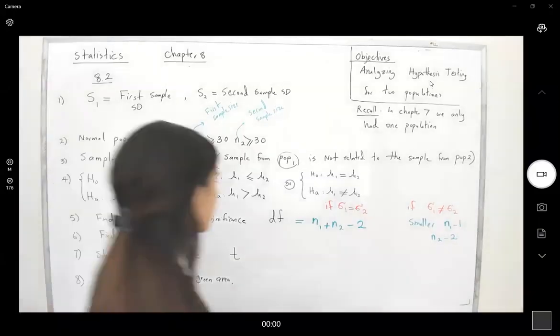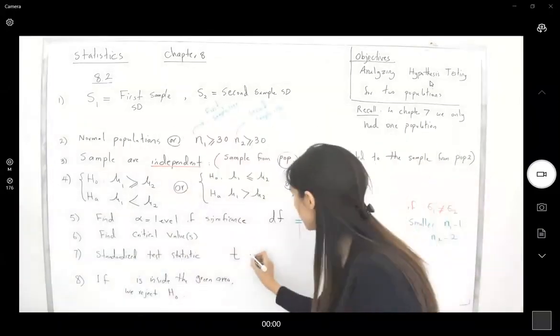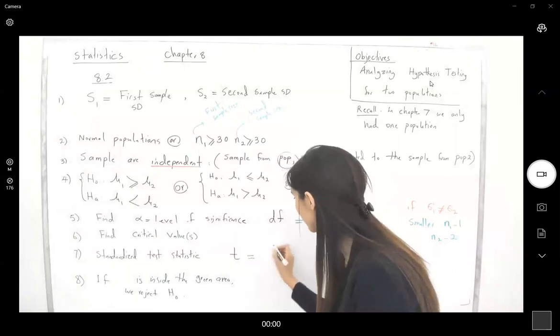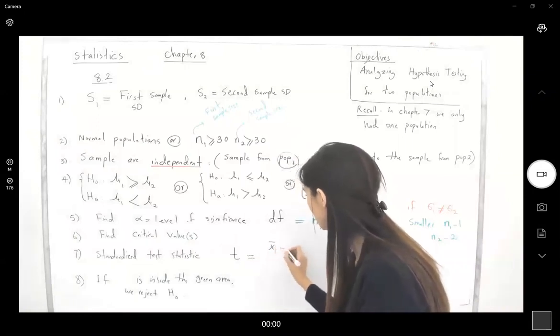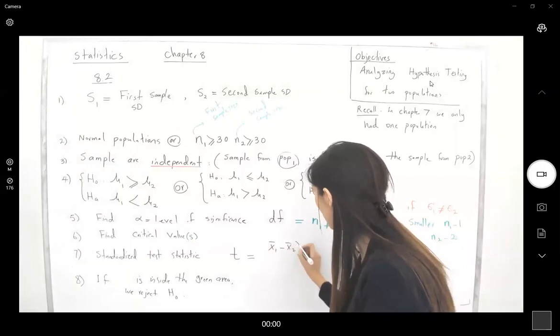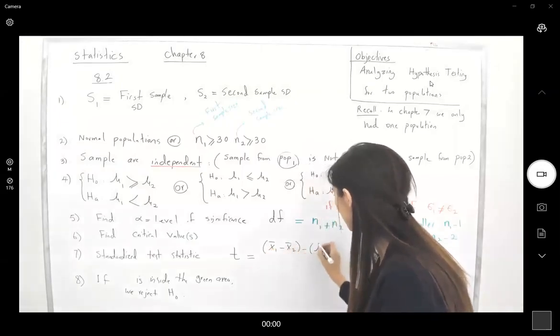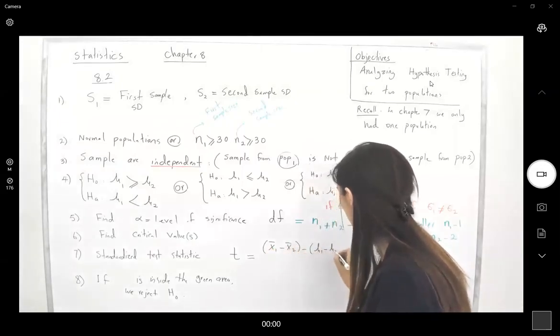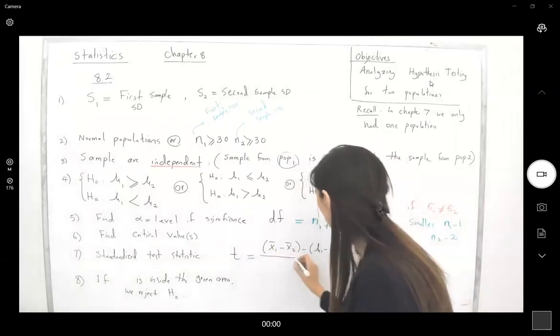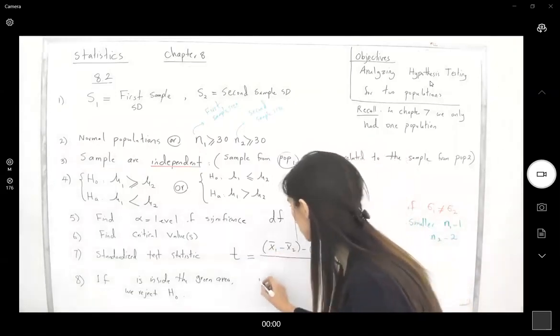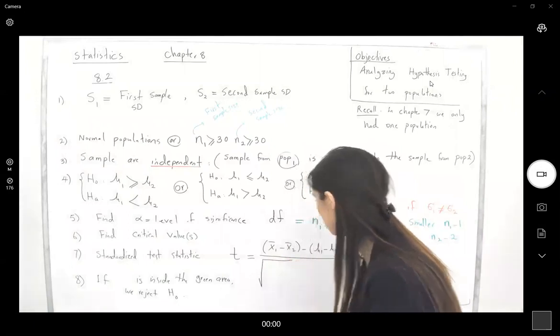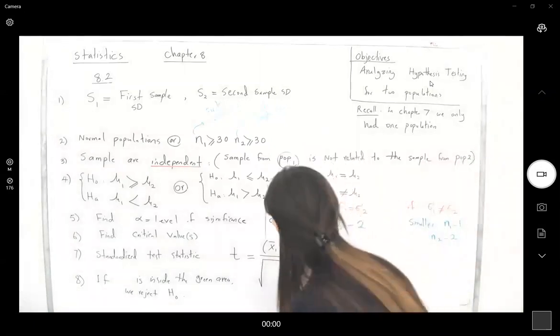So in this case, your T is equal to x1 bar minus x2 bar minus mu sub 1 minus mu sub 2, divided by the square root of, okay, here we go.